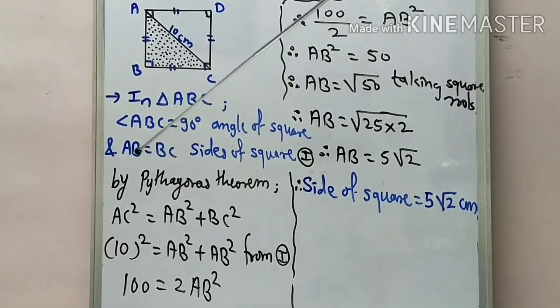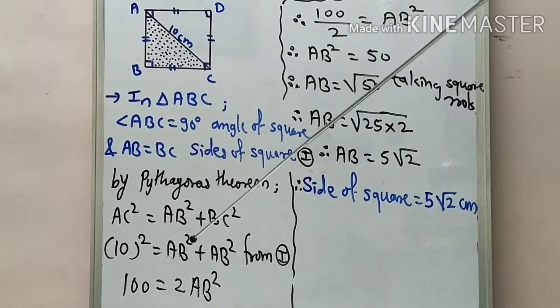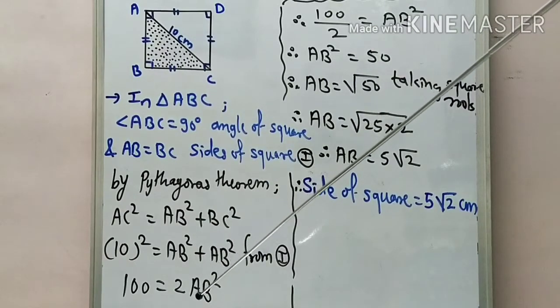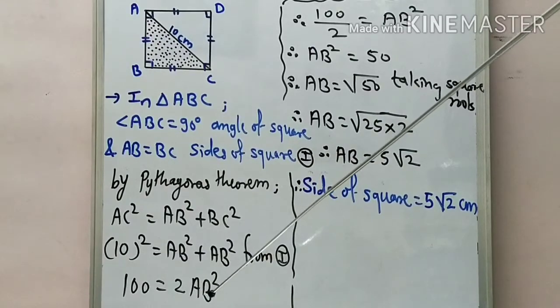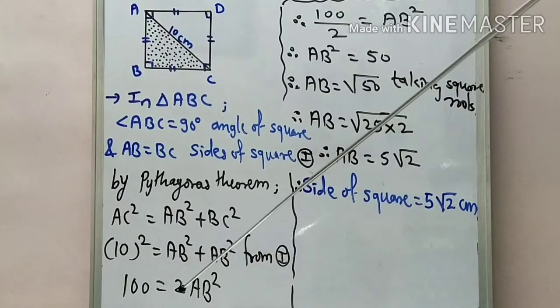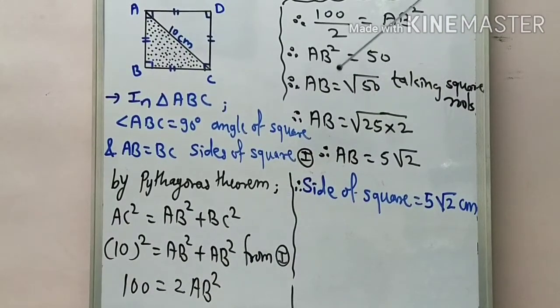Because AB equal to BC, AB square plus AB square is 2 AB square, and hence AB square is 100 upon 2, as we take this 2 to the left side. Therefore, by division we get AB square equal to 50, which is not a perfect square number.